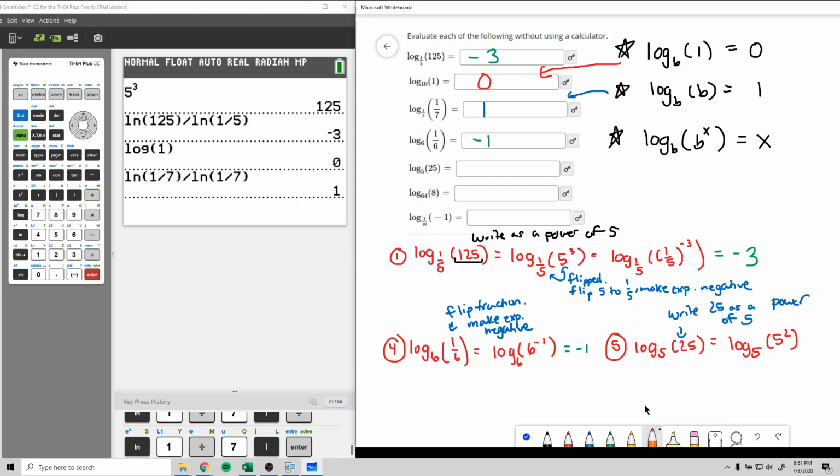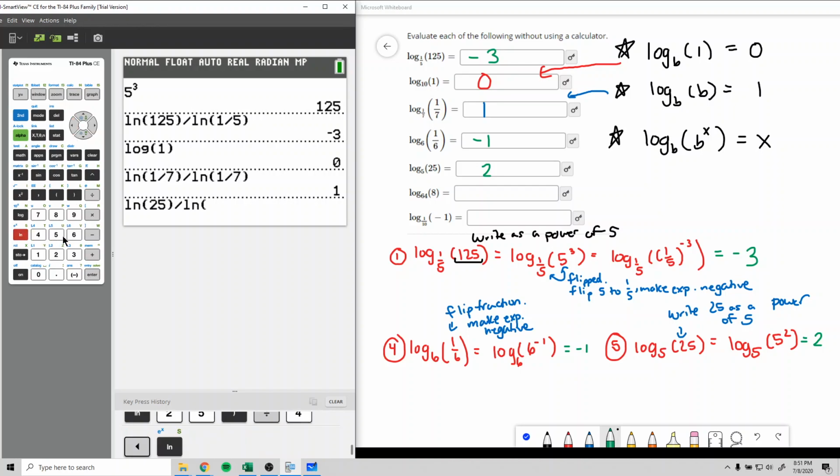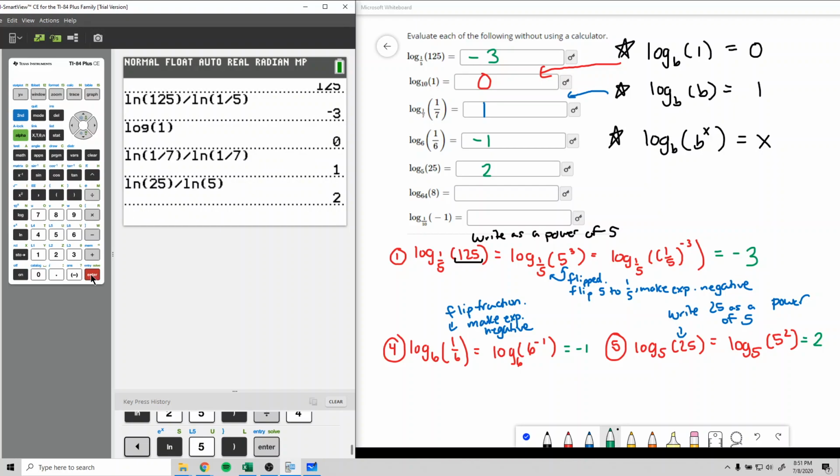Now that same rule we used for the other ones: the base and the inside base match, so the answer is the exponent, which is 2. You can check this one in your calculator: the natural log of the inside divided by the natural log of the base is 2.